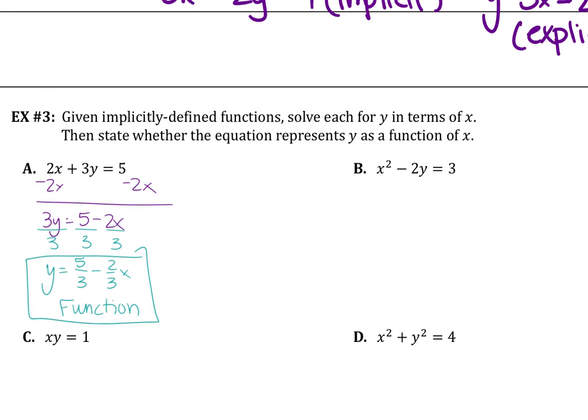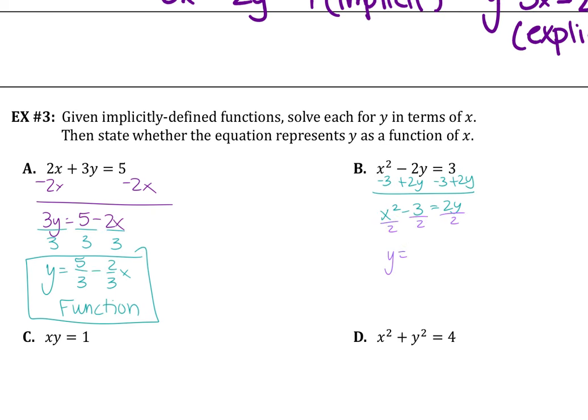Okay. Get y by itself. I'm going to add 2y over and subtract 3. So x squared minus 3 equals 2y. Divide by 2.